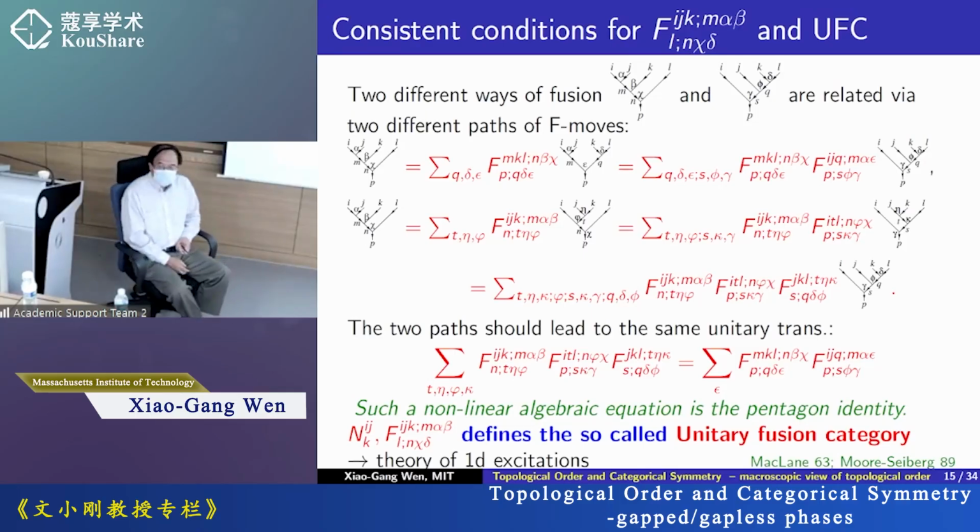We have a mathematically consistent theory for one-dimensional excitation. Then physically, can we design a Hamiltonian in a 1D lattice model, which has gapped ground states and whose excitations happen to reproduce this fusion category? Then we really have a story.